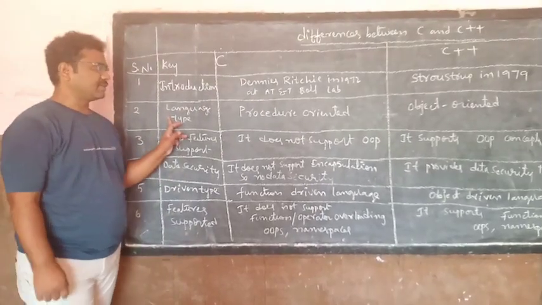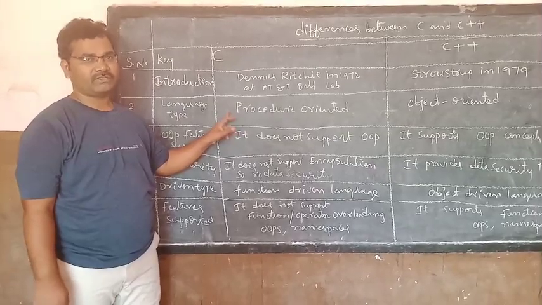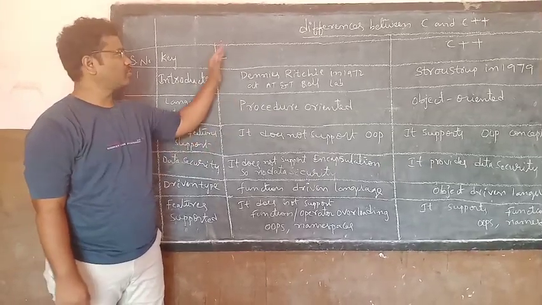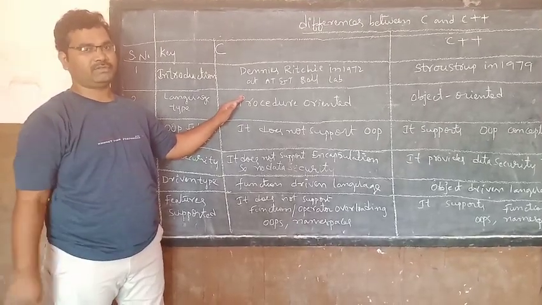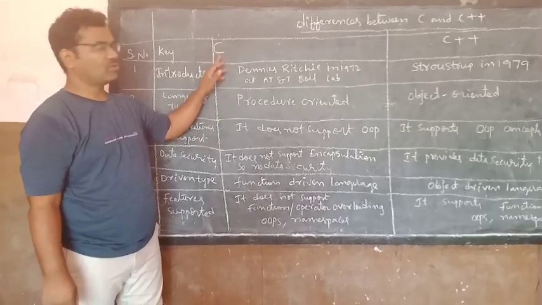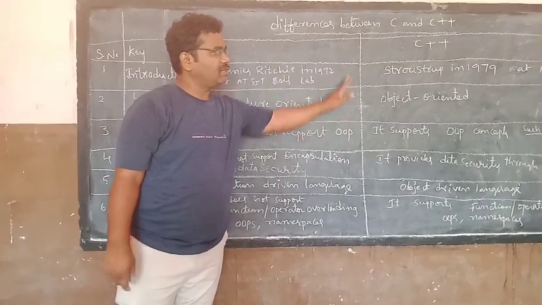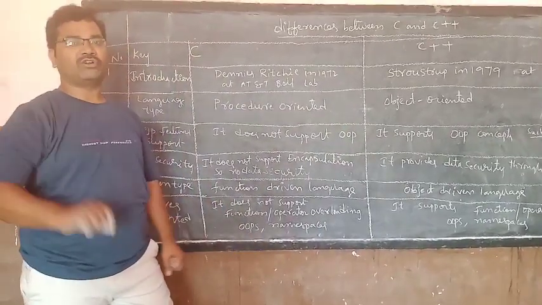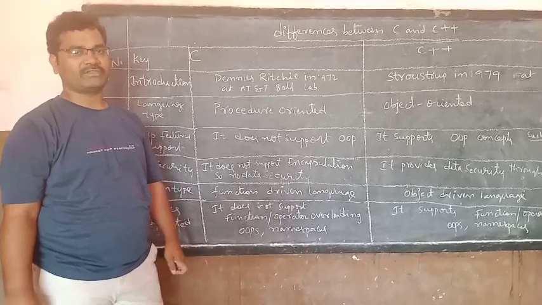Second point, language type. C is a procedure-oriented language. Procedure-oriented language makes use of algorithm steps, step by step: step 1, step 2, step 3. C++ is object-oriented, partially, not purely object-oriented; it is a partially object-oriented programming language.